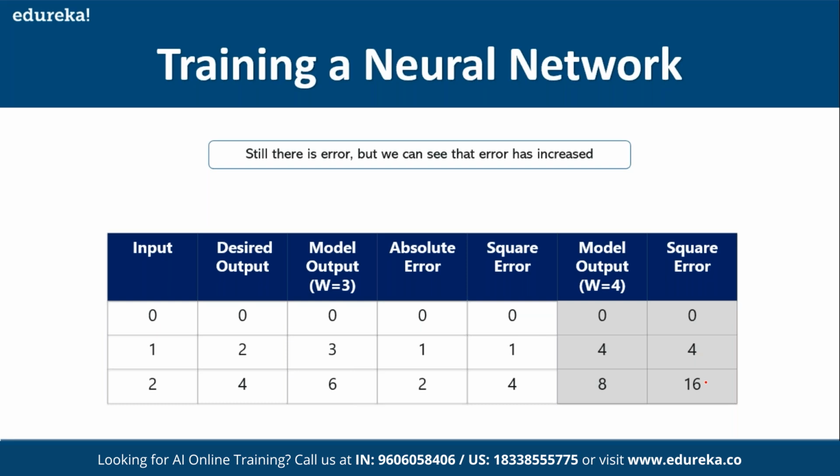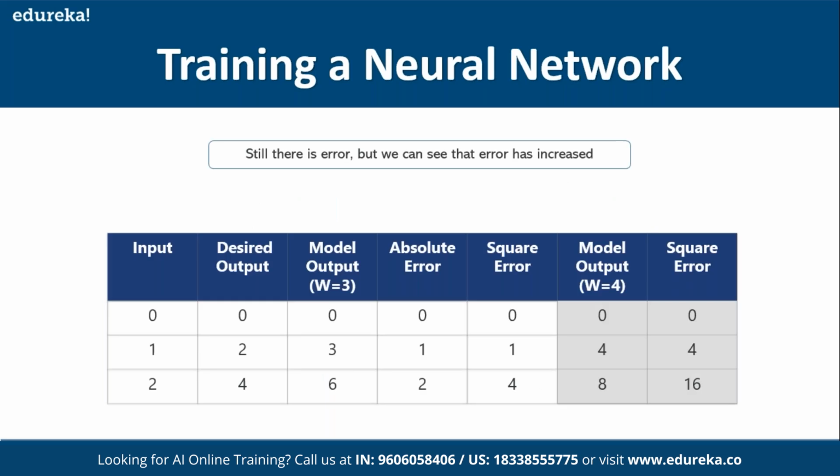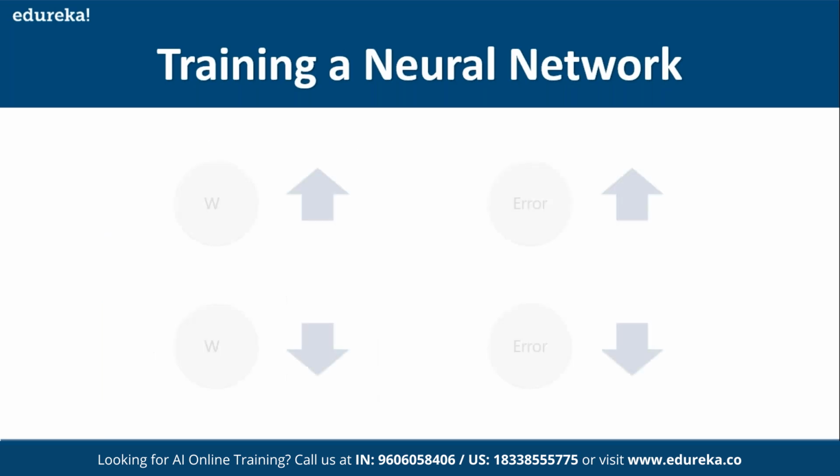I keep changing the weights continuously, like 3, 4, 5, 6, and I see whether with the increase in weight my error is increasing or decreasing.